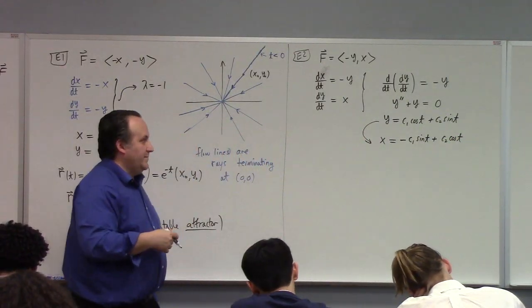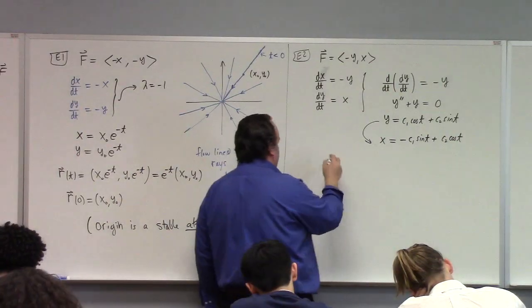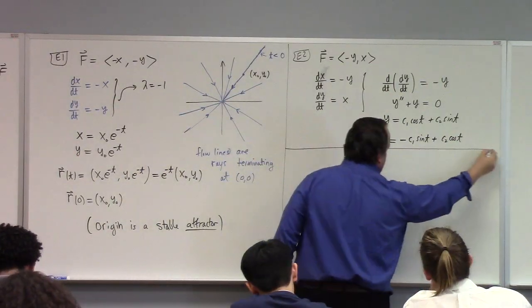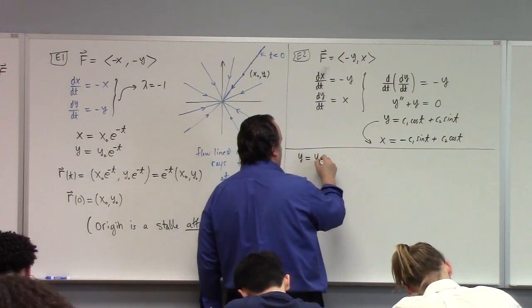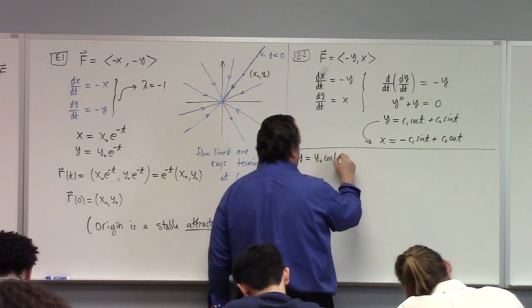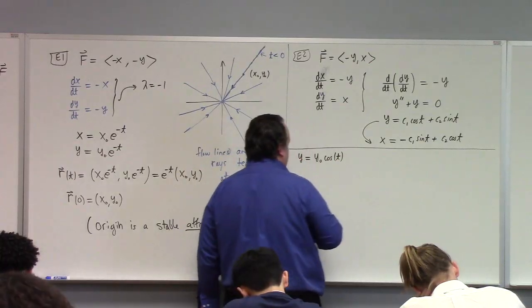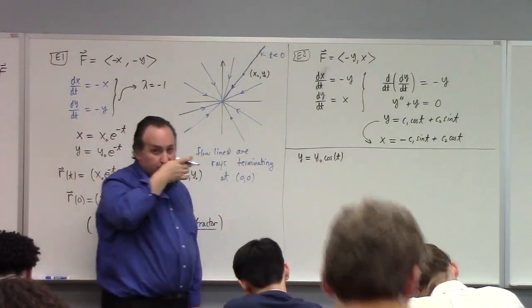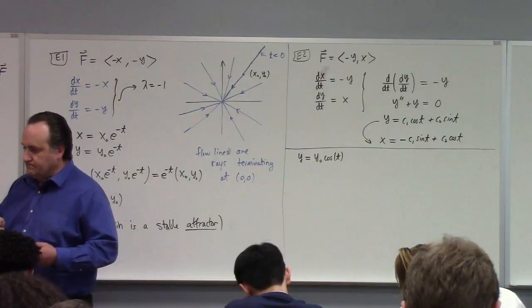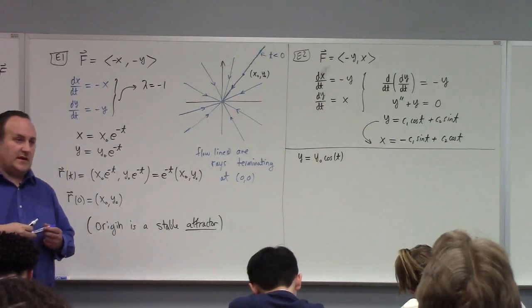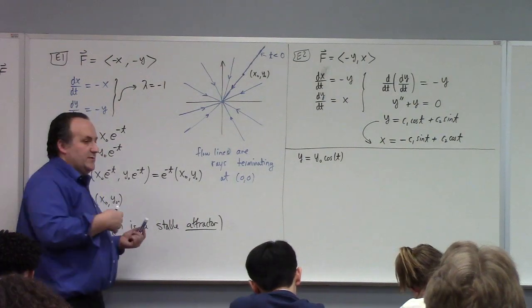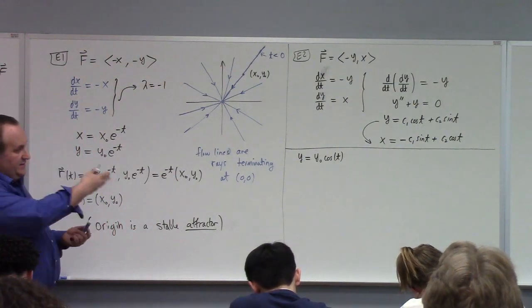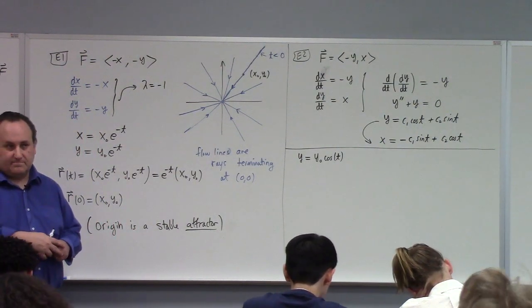But I think it's probably a better move for us to use a little bit of trigonometry here and say, well, we're going to write the solution y is equal to, let's say, y naught cosine of t. I want y to be equal to y naught at time 0, so I should write that, right?